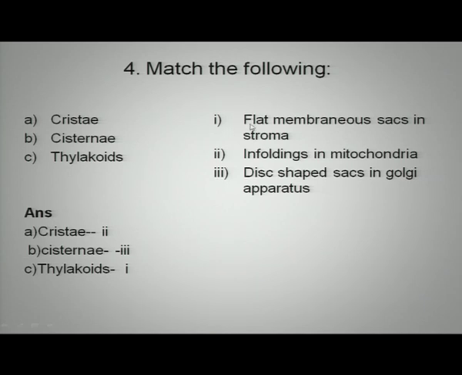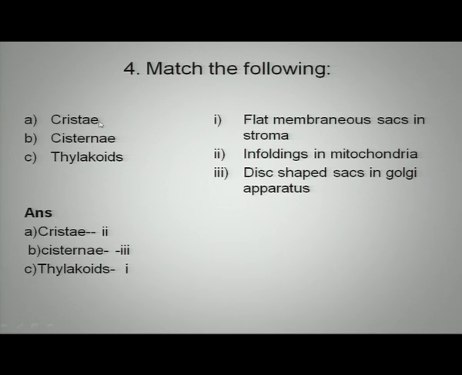In column B, the options are: flat membranous sacs in stroma; enfoldings in mitochondria; and disc shaped sacs in Golgi apparatus. So, try to match this one properly.